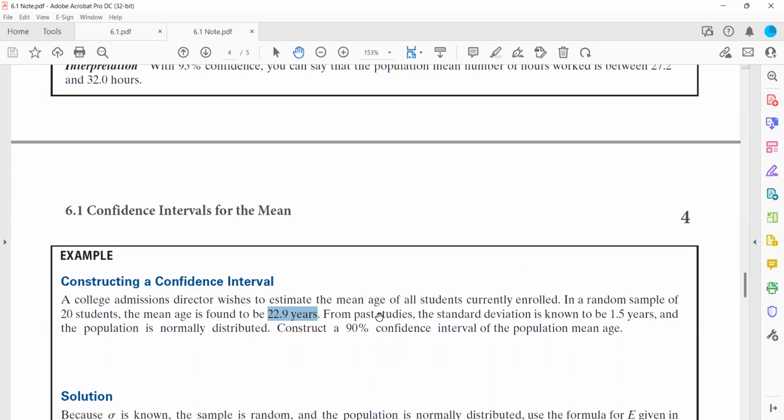Question says, from past studies, the standard deviation is given as 1.5 years. This is for the population. And the population is normally distributed. Question says, hey, construct a 90% confidence interval of population mean age.